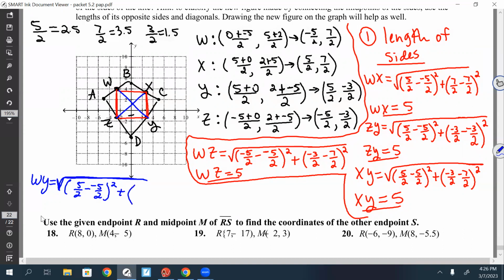So -3/2 minus 7/2 squared. Okay, and you can put that into the calculator. And so you should find that the length of WY would be 7.1.